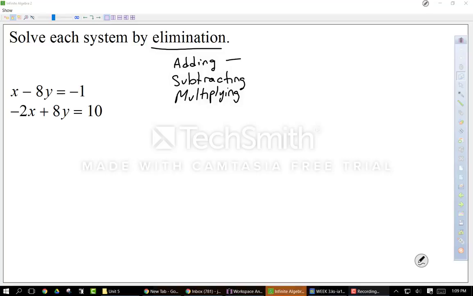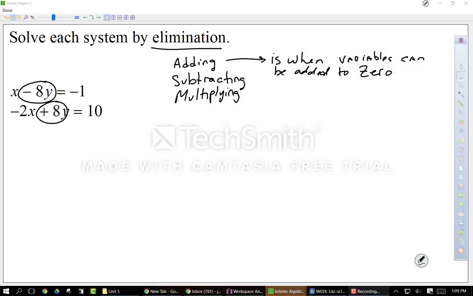We use adding when variables can be added to 0. So if you look at this instance, and I look at my 8y and my negative 8y there, if I add them, what do I get? I get 0.